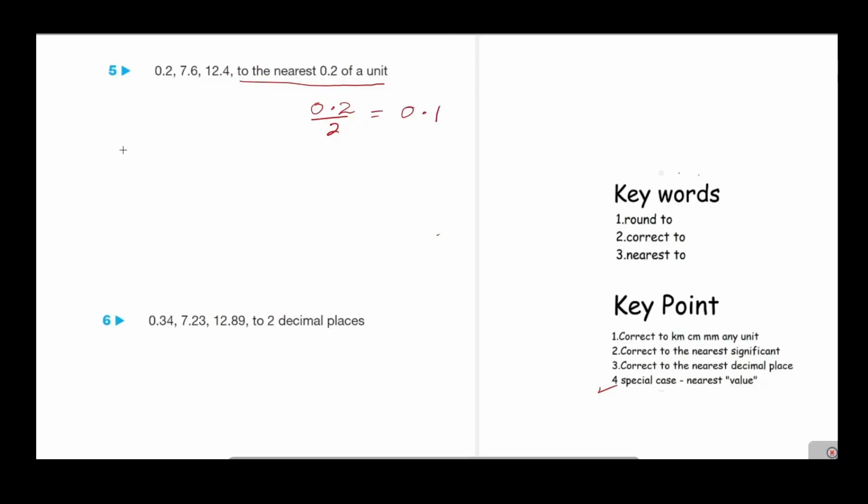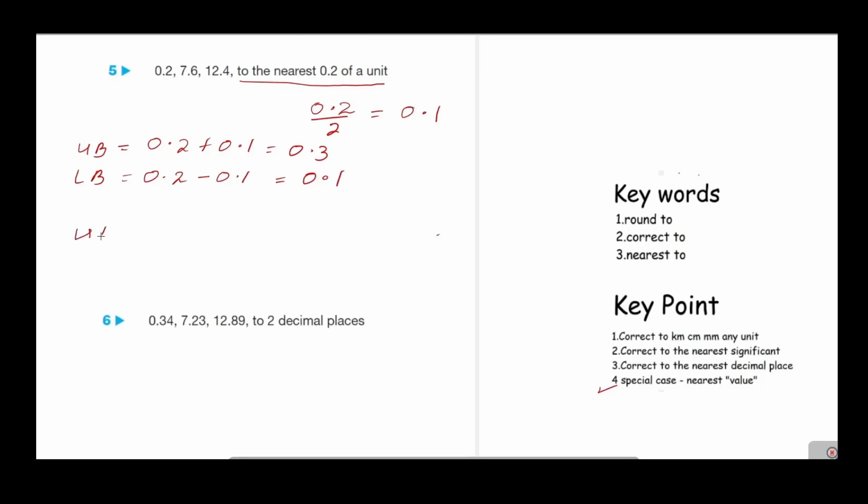After that, let's get the upper bound of 0.2. So upper bound of 0.2 is 0.2 plus 0.1, which becomes 0.3. Low bound of 0.2 is 0.2 minus 0.1 equals 0.1.